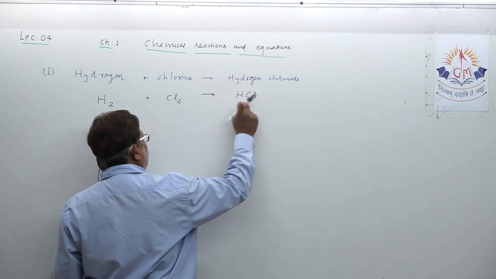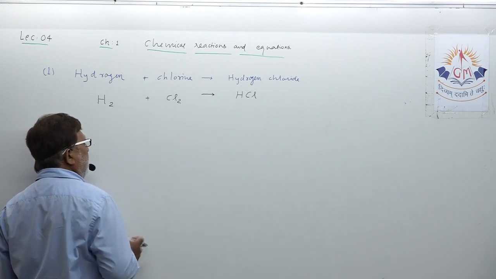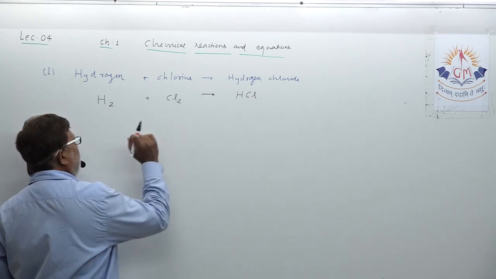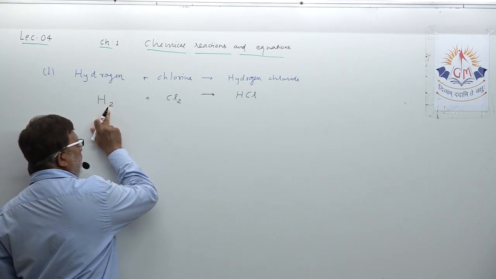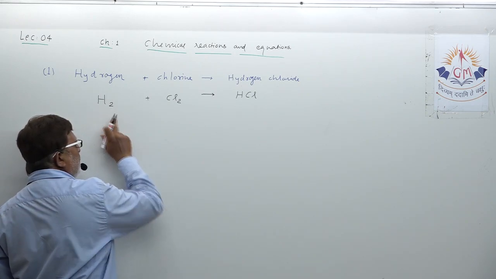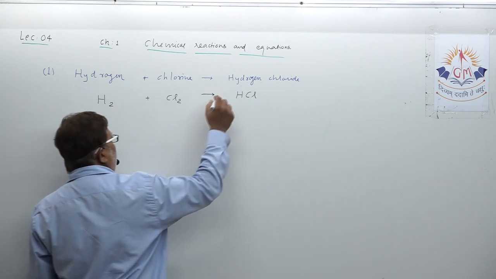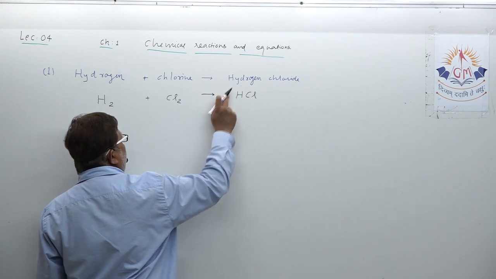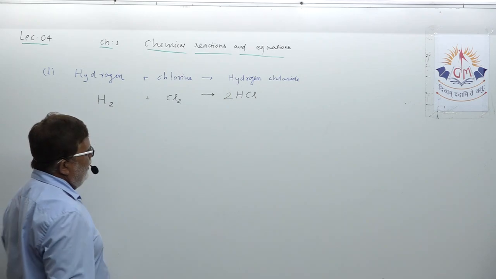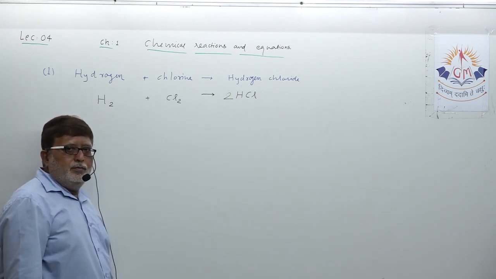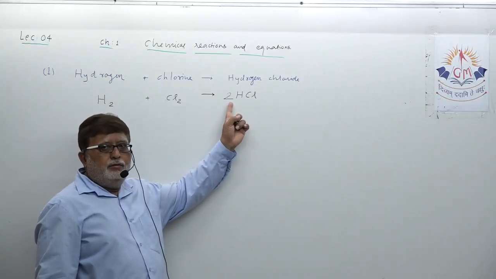Suppose you target this compound and you want to balance either hydrogen or chlorine. Suppose you start balancing hydrogen. How many hydrogen atoms on the reactant side? 2. How many hydrogen on the product side? 1. So here you just multiply by 2. Okay. For 1, no need to multiply. Hydrogen has already got balanced. What about the chlorine now?